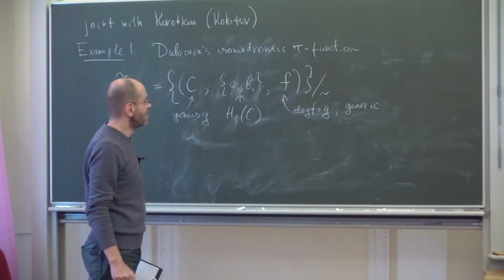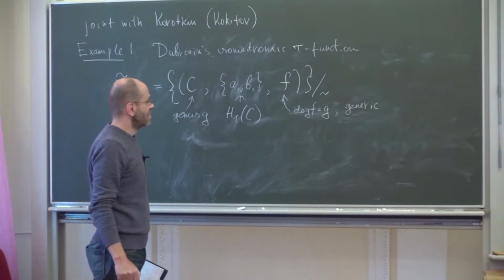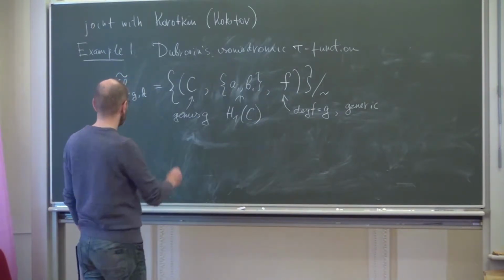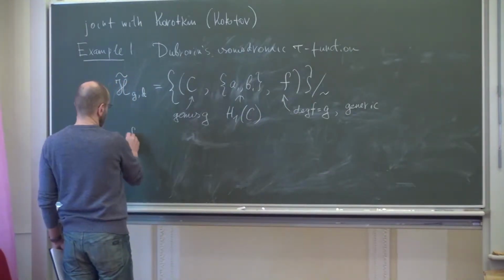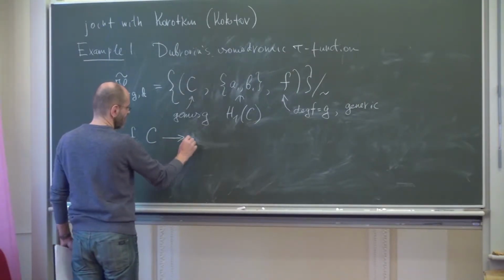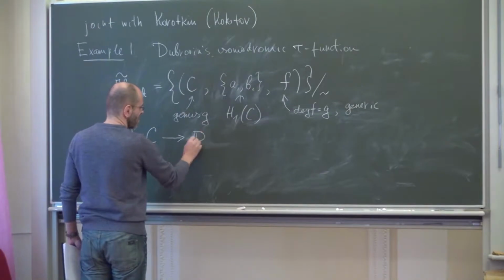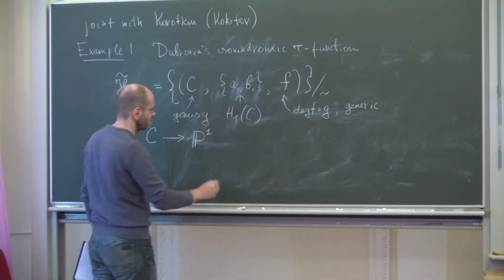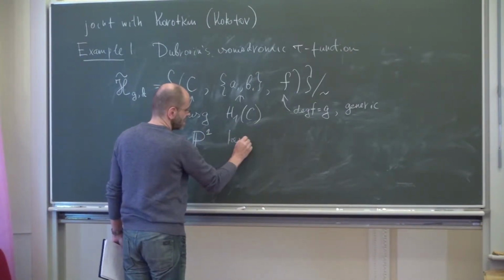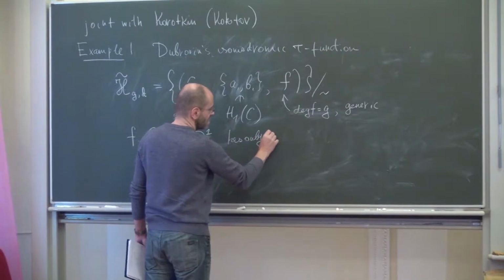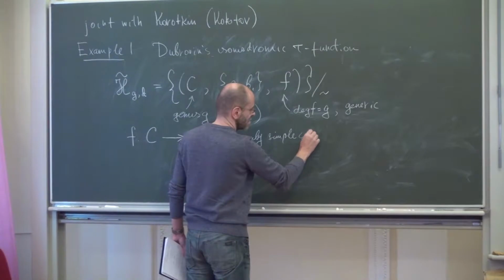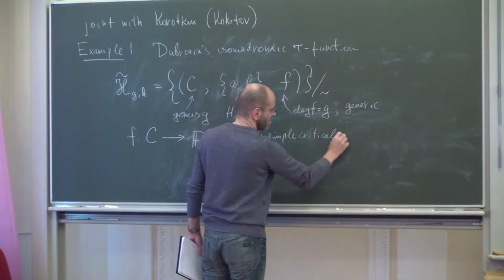Generic means that this function, considered as a holomorphic map from our curve to the complex projective line, has only simple critical values.